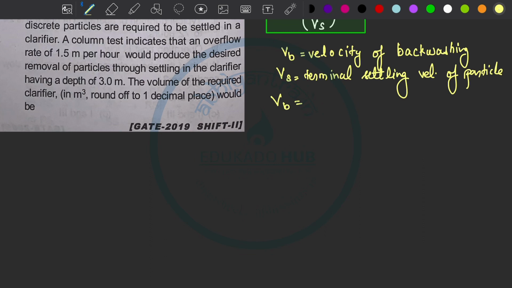VB is nothing but the velocity of backwashing, the rate of backwashing, that is Q upon B times L, where Q is the backwashing discharge or backwash flow rate.